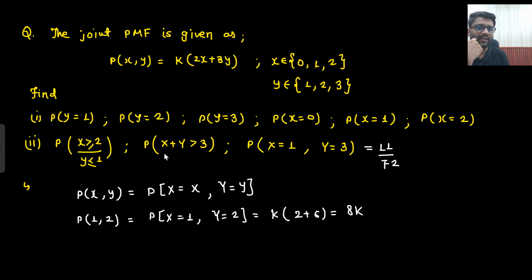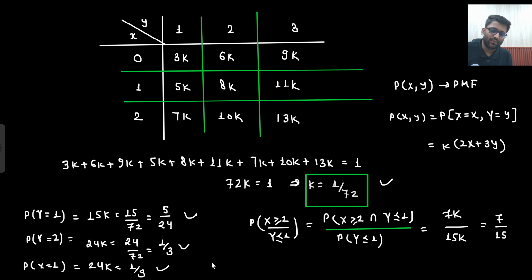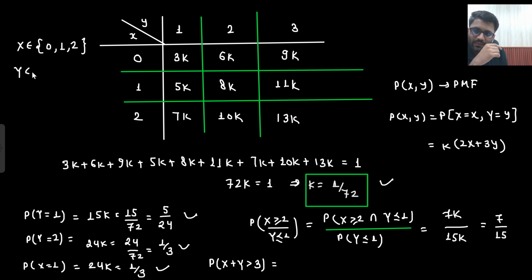So let's solve this one. X plus y greater than 3. So probability of x plus y greater than 3. So here now you need to think that my x can take value 0, 1, 2 and y can take value 1, 2, 3. So now x plus y should be greater than 3. What does that mean? That means if x is 0, maximum y could be 3.